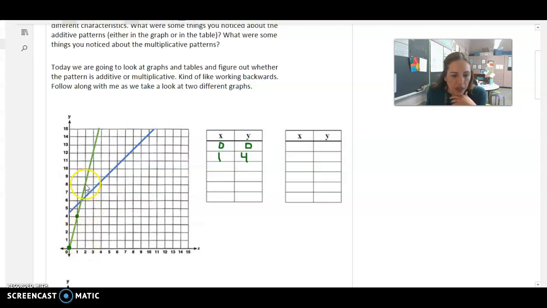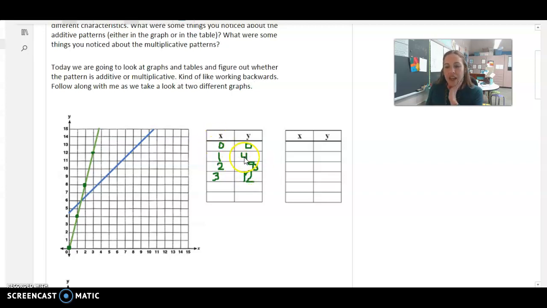If we go up here, it passes through the 2 on the x-axis and the 8 on the y-axis. And let's do one more. Let's look for 3. Ooh, yeah, that's a good point. So it passes through 3 on the x-axis, and that is at 12 on the y-axis.